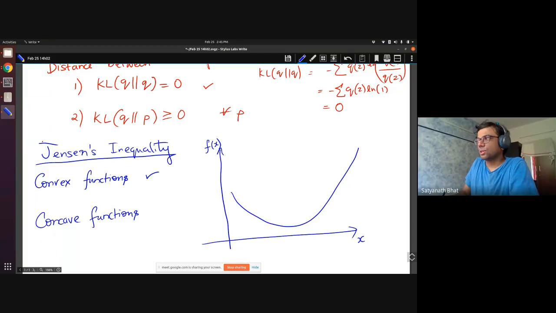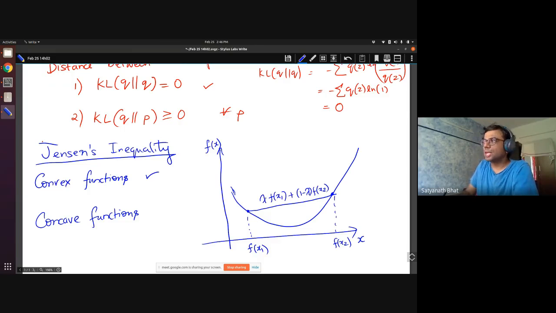The definition of a convex function is: if you take any 2 points, say f of x1 and f of x2, and look at the line segment connecting these 2 points, the values will be given by lambda times f of x1 plus 1 minus lambda times f of x2.